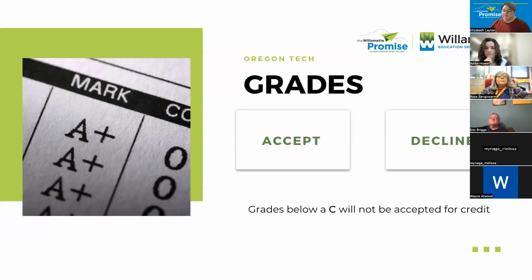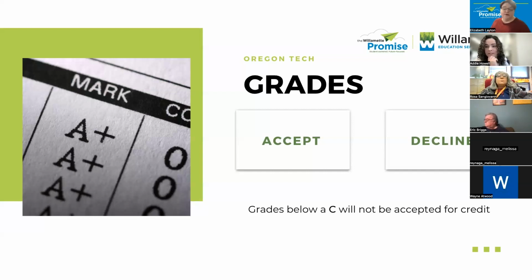So it'll be like they didn't even try. And this is different than most models of dual credit, including our courses with Oregon Tech. So you want to make sure that students really understand that difference. They really have the power to either accept or decline. Any questions about grades for Western Oregon?